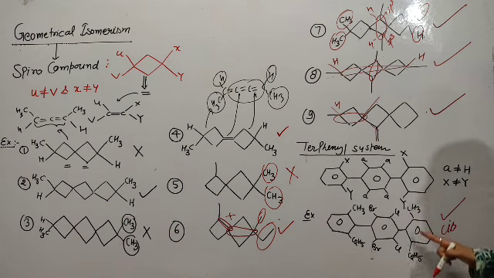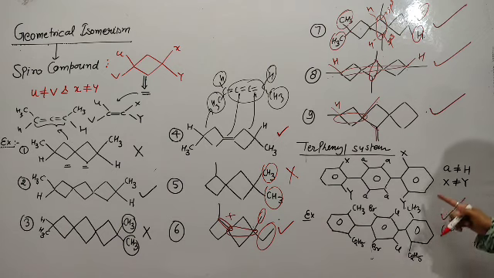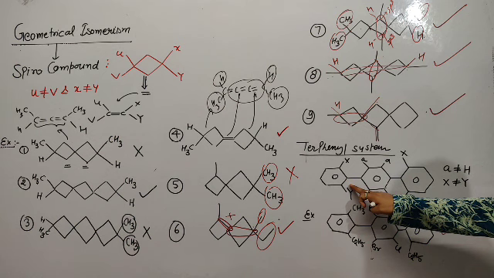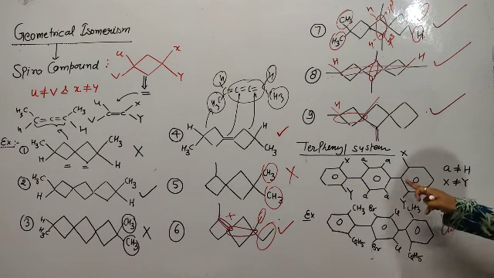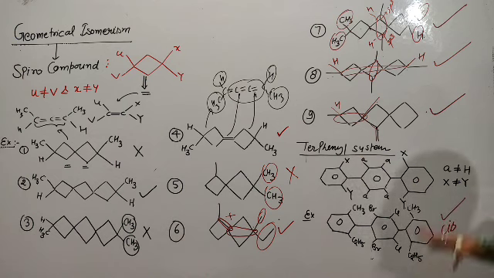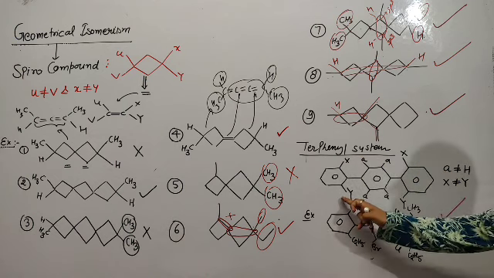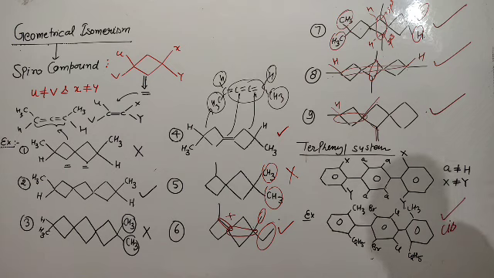If here methyl and here methyl, so the condition fails. That's why on that condition this molecule does not show geometrical isomerism. So always please remember, these 2 groups must be different, these 2 groups must be different. If these 2 groups are on the same side, it is the cis form. If these 2 groups are on opposite sides, that is the trans form.